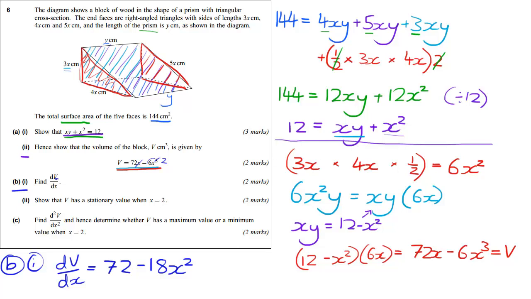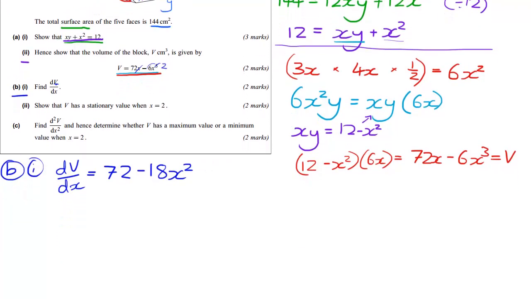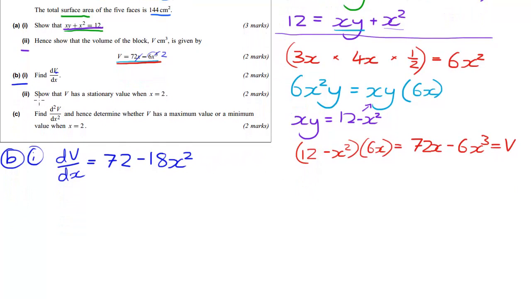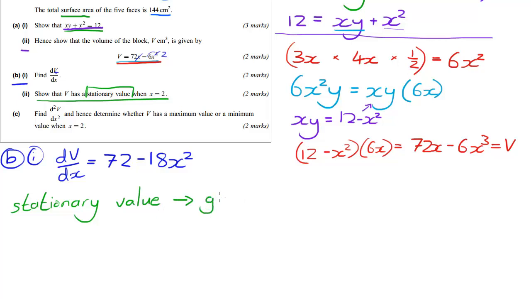So let's move on. I'm going to make myself a bit of space now. Let's come down here. So show that v has a stationary value. A stationary value, that is the important part of this. A stationary value means that the gradient is equal to 0.